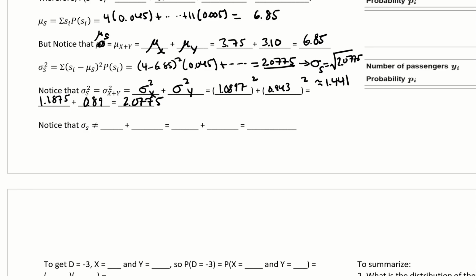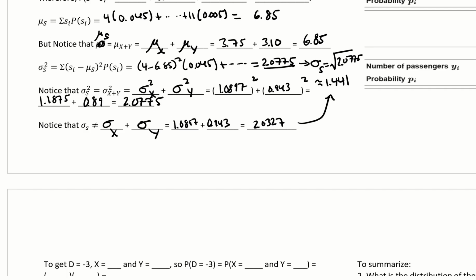Okay, so the variance is simply the sum of the two individual variances. All right, notice that the standard deviation is not sigma x plus sigma y. Because the standard deviation, if I add those two together, I get 1.0897, I get 0.943. If I add those together, I get 2.0327. Now, is that the same as that?